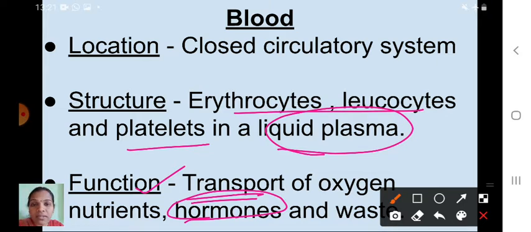When that gland secretes the hormone, immediately it will mix with what? Blood. Okay, so through the blood it will reach that particular organ. So that's why here I have given transport of oxygen, nutrients and hormones, and waste also. Waste things also it will carry from all cells to the kidney, okay children, with the help of blood.